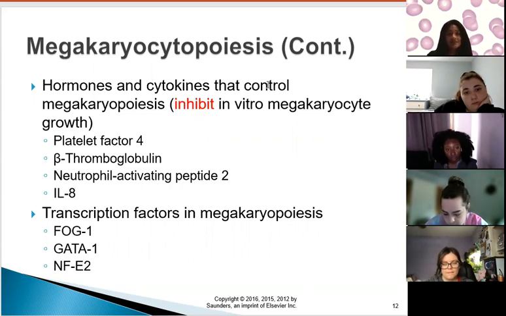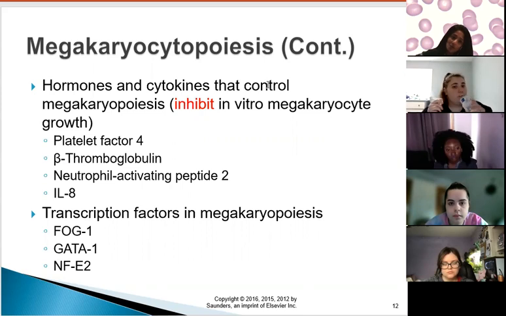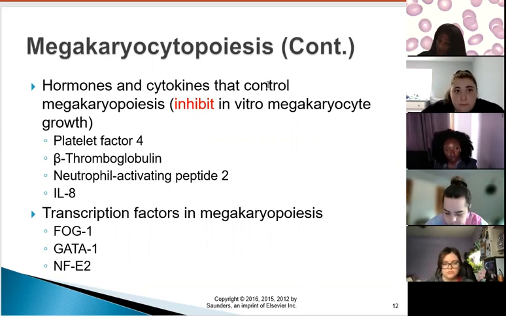So if it doesn't have those inhibitory proteins, then we have a big problem, right? So we need to have formation, and we need help for all of that, but we also need to be able to inhibit that as well. So the body makes proteins to help with that as well.